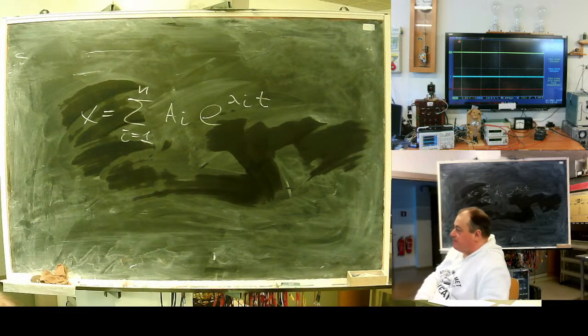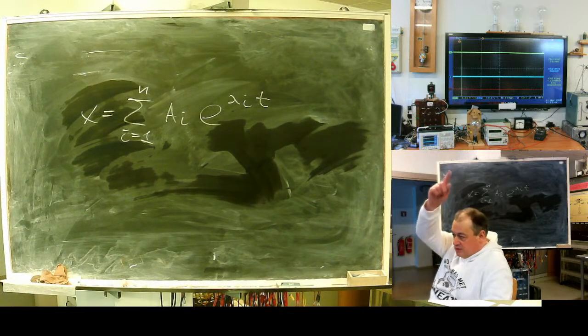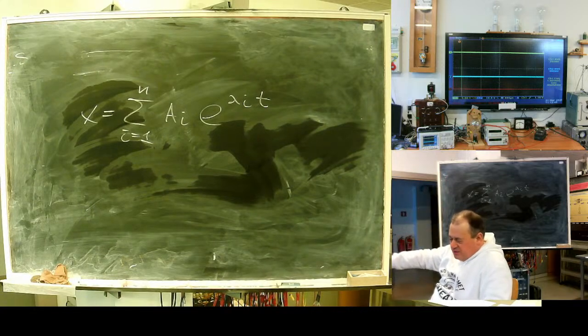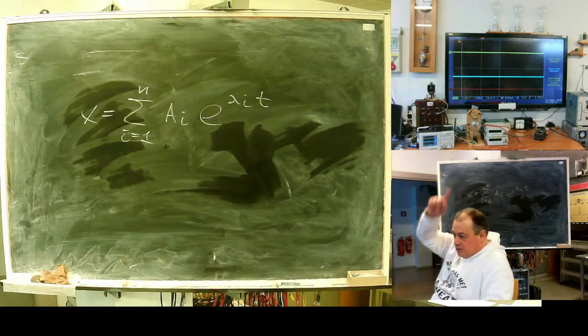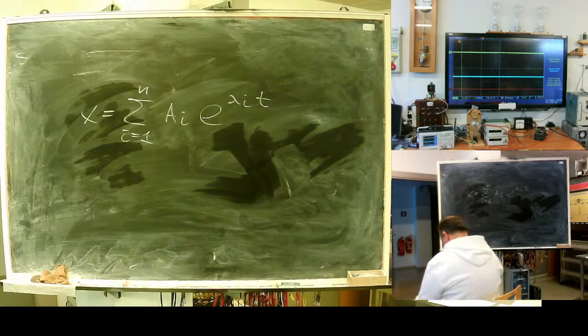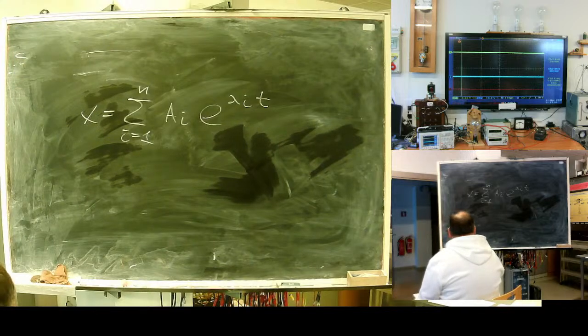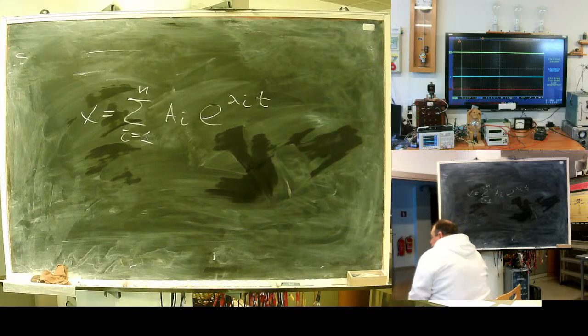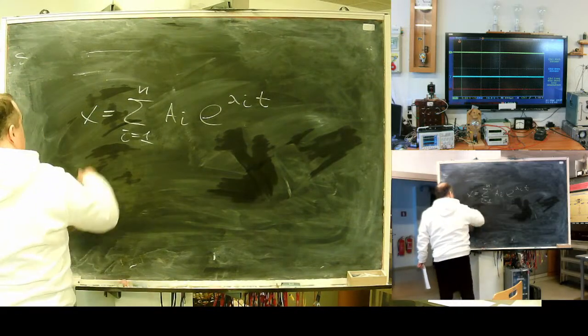Two roots. If they are real, decay, non-periodic decay. If they are complex conjugated, decay oscillation. Where will I get these lambdas? I will need to solve the so-called characteristic equation.